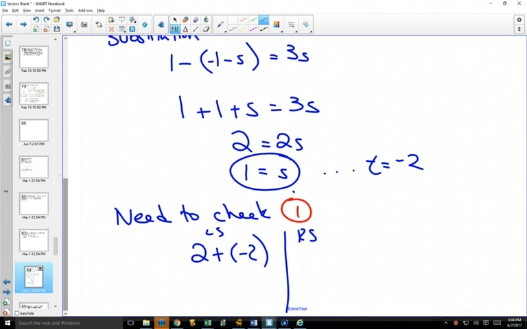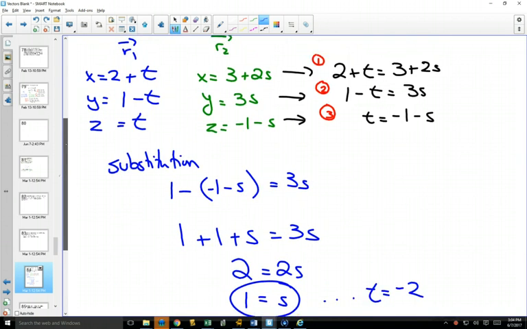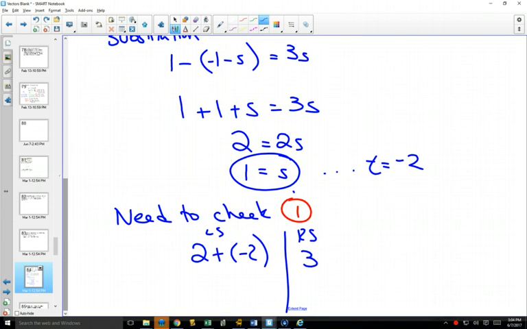And on the right side of the equation, if s is 1, I would get 3 plus 2. If we look at that, the right side is 5, the left side is 0. That's not true. So these are skew lines.